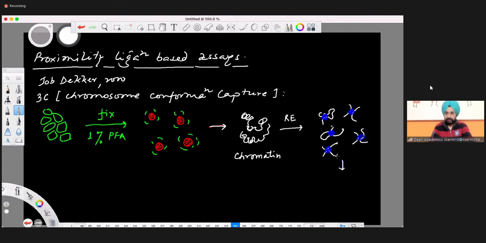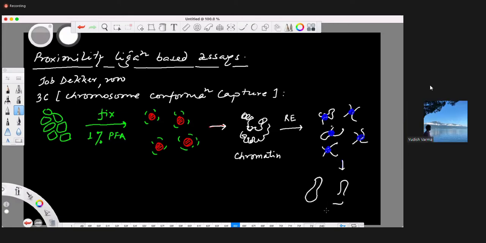However, this ligation reaction is done in dilution. Can anybody suggest why in dilution? Because we don't want to ligate the complexes and again form the original structure.